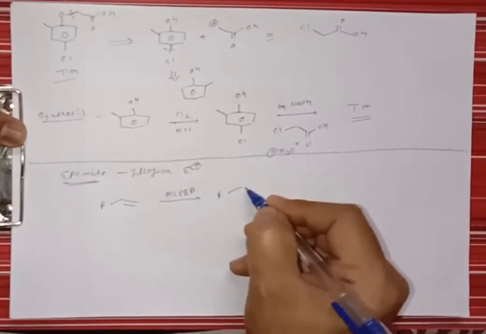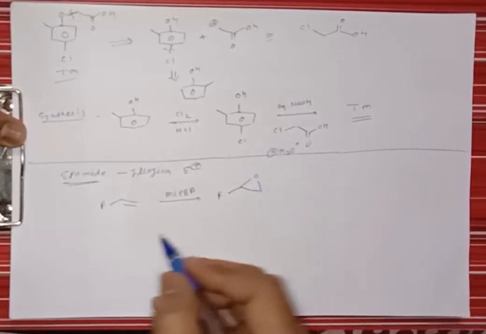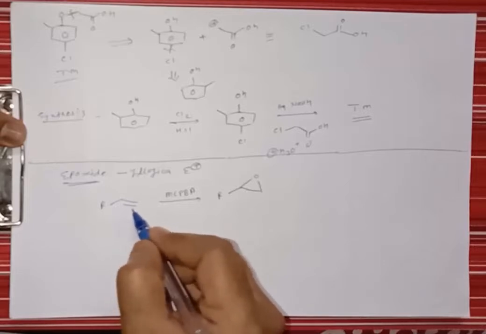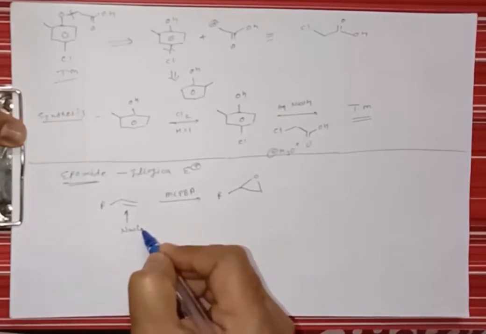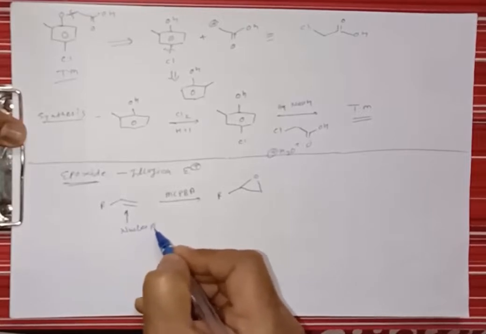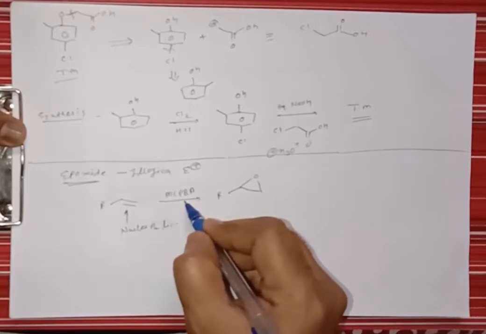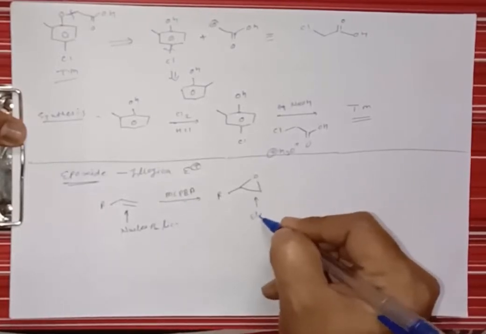It gives formation of an epoxide in this way, right? We know that the carbon-carbon double bond is nucleophilic in nature, but if we treat this molecule with metachloroperbenzoic acid, then the epoxide becomes electrophilic in nature.